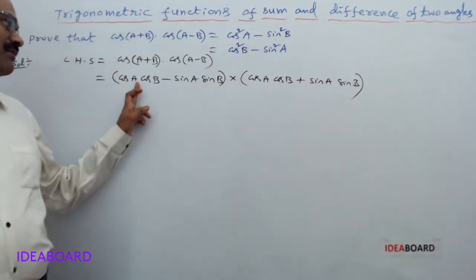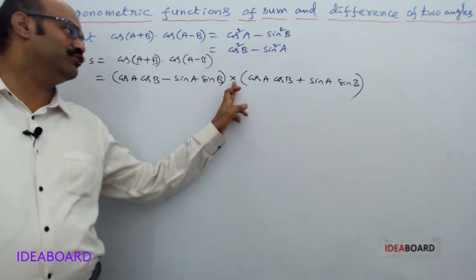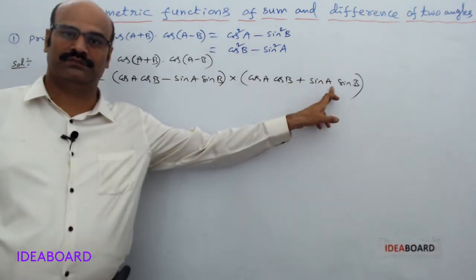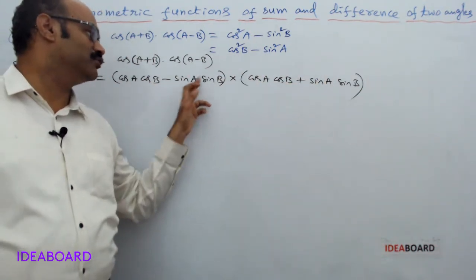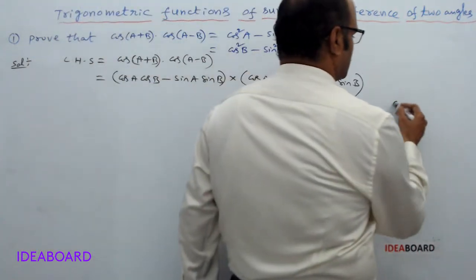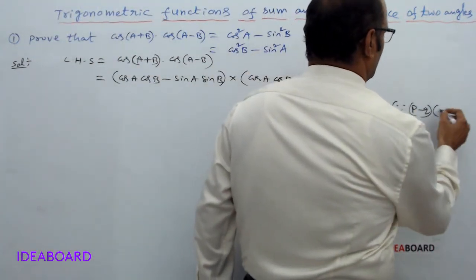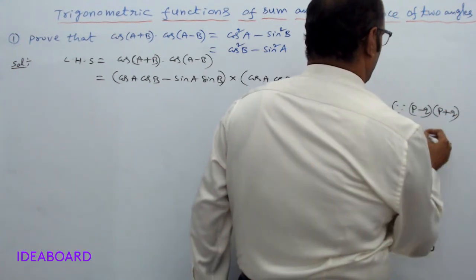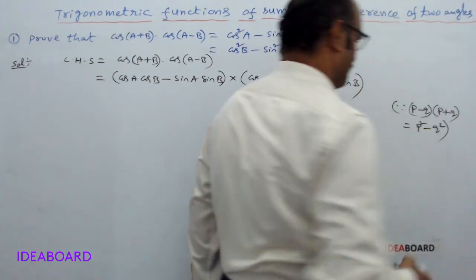Now it is in the form of (P−Q) into (P+Q), or (A−B) into (A+B). So (P−Q)(P+Q) is always equal to P² minus Q².